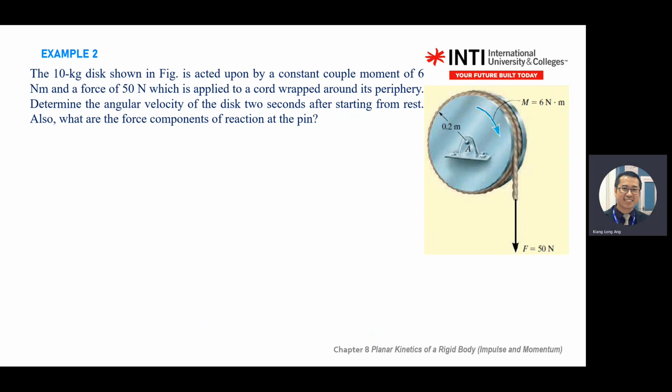What are the force components, the reactions at the pin? When you have a pin, it can go up, go to the left, go to the right, or anything. When you set positive, then when you get negative, it means the one that you predicted in your free body diagram is wrong. Now, I teach in my diploma student class: how do I know that this pin at my ring goes up or goes down?